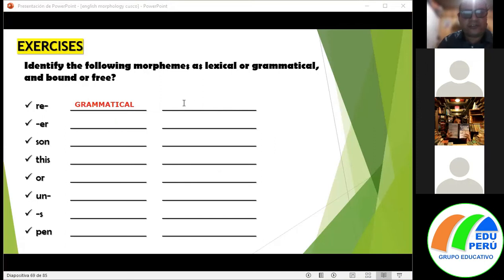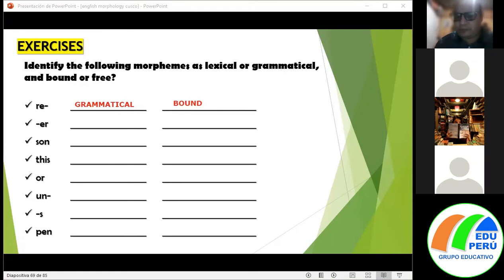Grammatical, bound or free? Bound, excellent. So re, because it has two pronunciations, with a short e or with a long e, it is a grammatical bound morpheme.